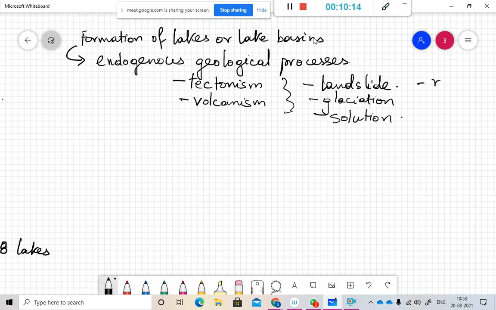Also the action of rivers which dry up, and wind action. These are the geological processes by which lakes are formed.